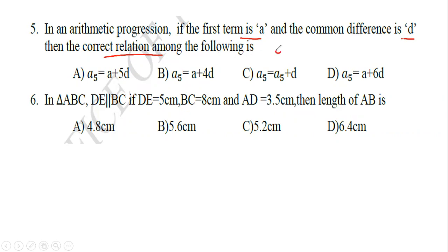We know the formula an equals A plus n minus 1 into D. Here A5 is the LHS, so A is the first term plus n minus 1 into D, where n is 5, so 5 minus 1 is 4.